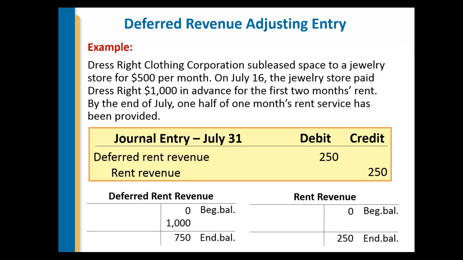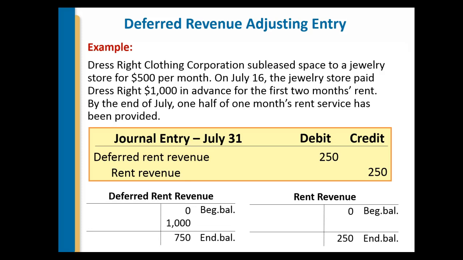At the end of July, 1/2 of 1 month's rent service has been provided, or $250. So the required adjusting journal entry reduces deferred rent revenue with a debit and increases the revenue account rent revenue with a credit for $250.